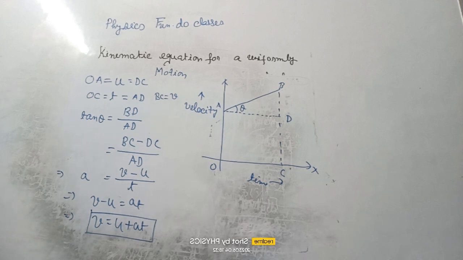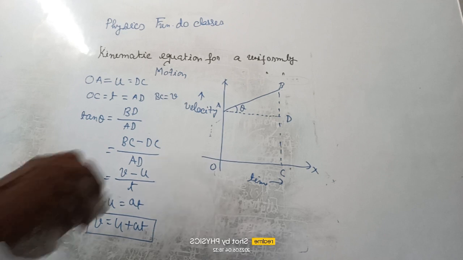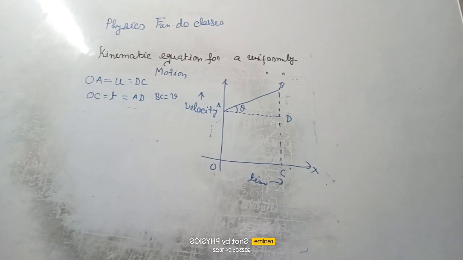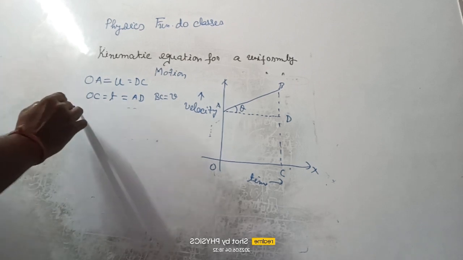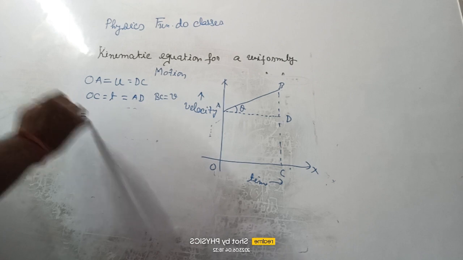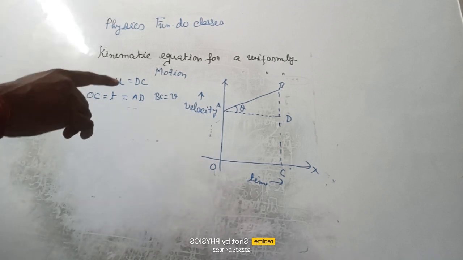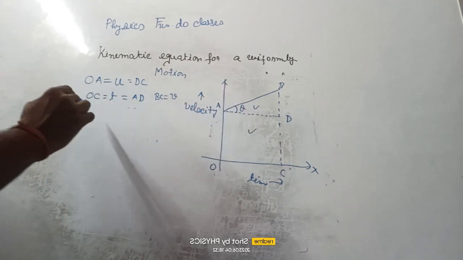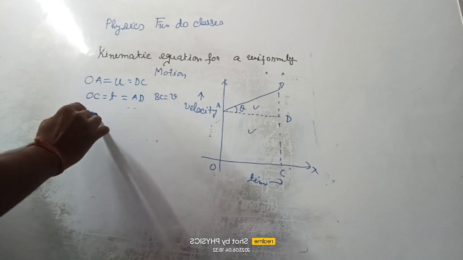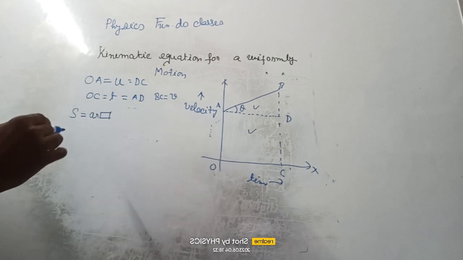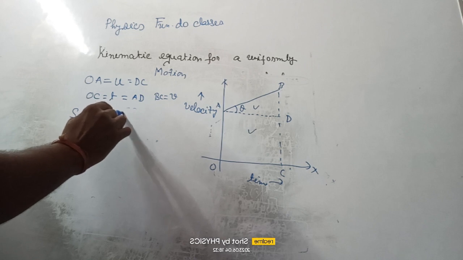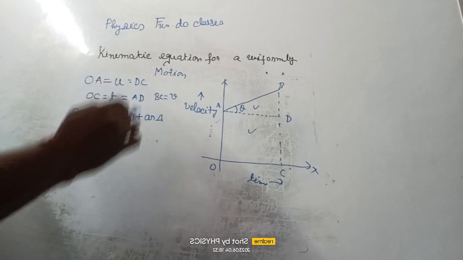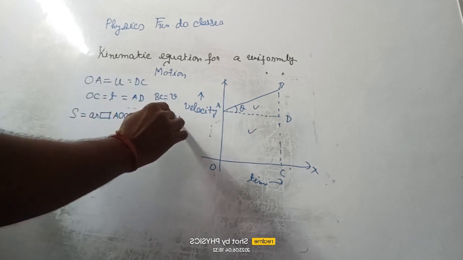Now move to the second equation. We have to find the displacement S. Displacement S is equal to the area covered by the graph AB. For the area covered, we have the area of the rectangle AOCD plus the area of the right angle triangle ADB.